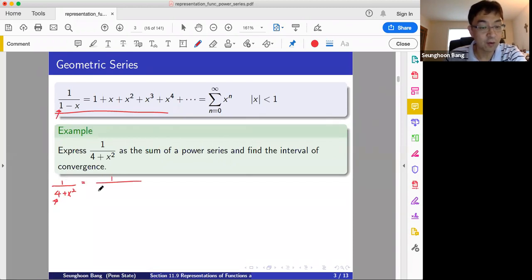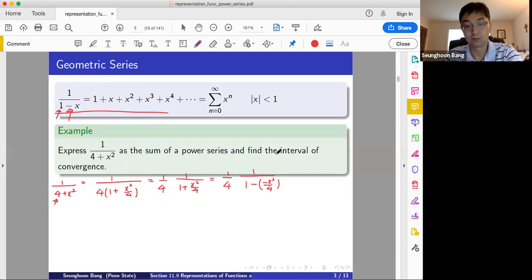Only factor out 4: 4 times 1 plus x squared over 4. The next is, what's the sign of the middle one? The sign of the middle one is a negative sign. You need to change it. This is 1 over 1 minus negative x squared over 4. You can change it like this.